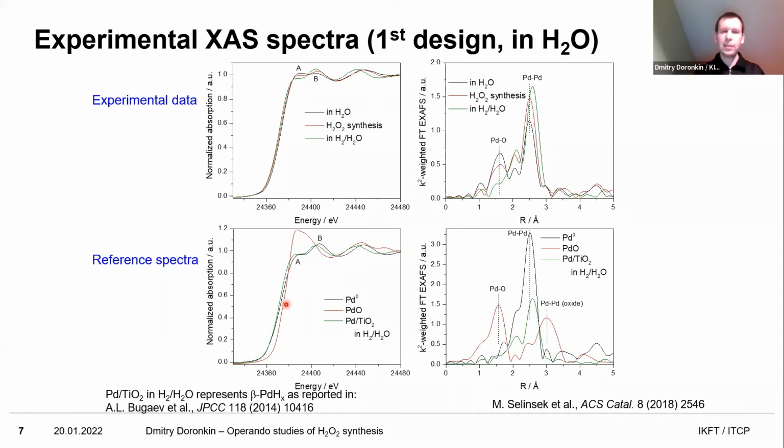So if one has such a database, one can already observe the features also in the XANES, like the high white line due to oxidation of palladium, and the shift is related to formation of beta palladium hydrides.